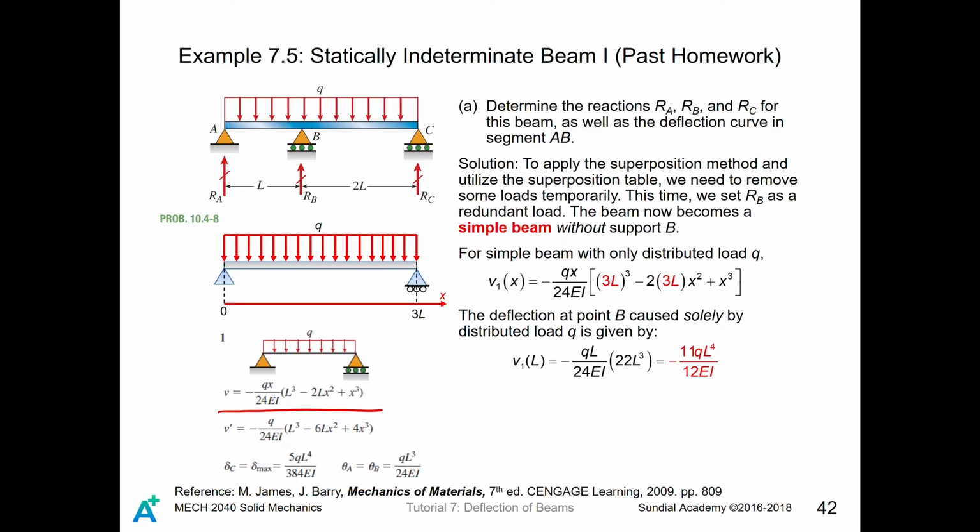So here we apply this superposition table to this problem, but a little bit different is that the length of the beam is 3L. So we cannot simply copy the L over there. Instead, we have to put 3L for L. So this deflection curve will become something like this.